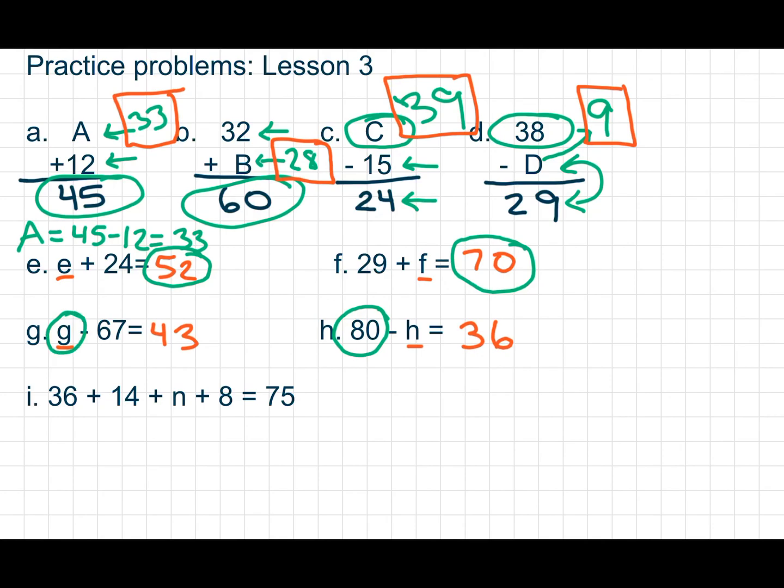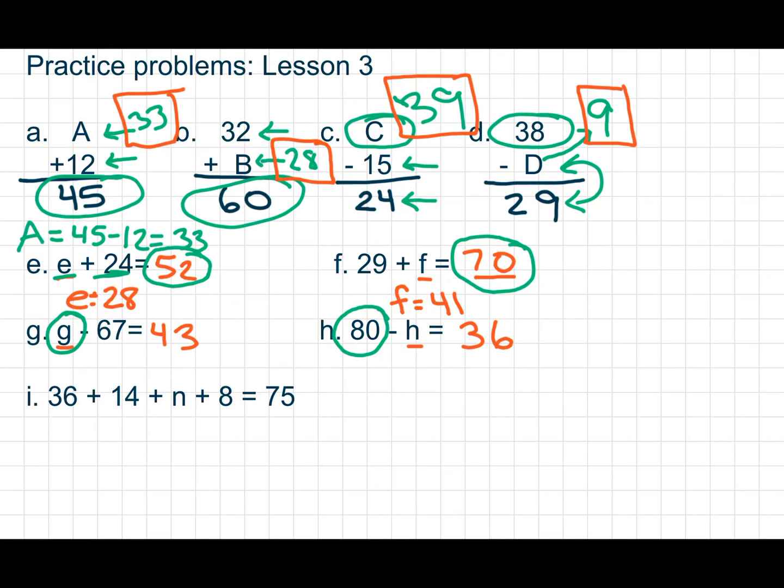So if we take 52, which is the whole number, and these two numbers are the parts of the whole, if I subtract this part, 24, I should get this other part, 52 minus 24. So we find that E is 28. Okay? And in here, 70 minus this part, 29, should give us F, the other part. And that is F is equal to 41.